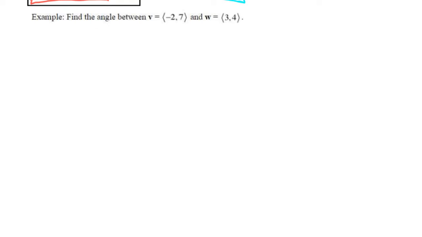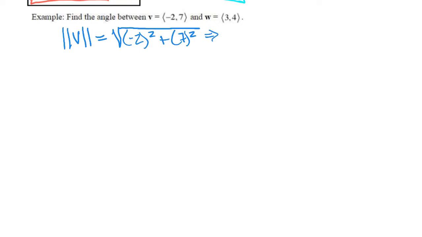Okay, so let's grab a pen here. Let's find the magnitude of V. And remember, magnitude is just using our Pythagorean theorem. So it's going to be -2 squared plus 7 squared, which gets us 4 plus 49, and that is the square root of 53. Okay, so my magnitude of V is the square root of 53.